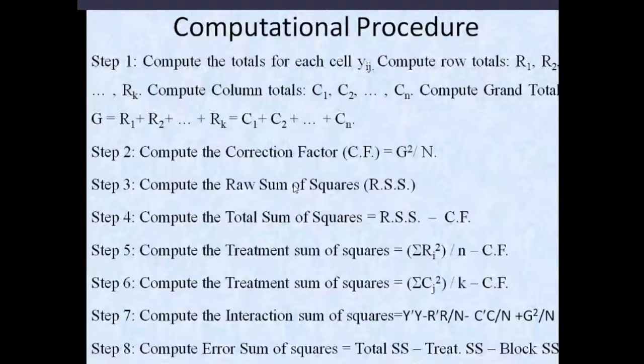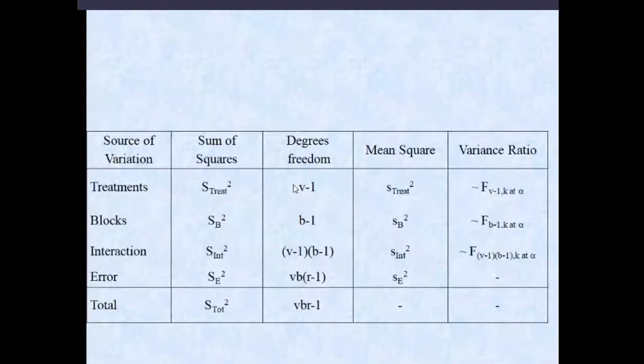Okay, so this is what you are going to present in tabular form: treatment sum of squares, block sum of squares, interaction sum of squares, error sum of squares, and total. And the degrees of freedom are also expressed the same.